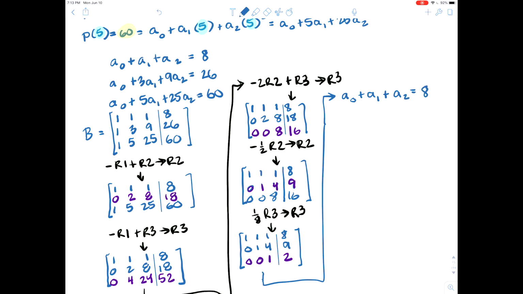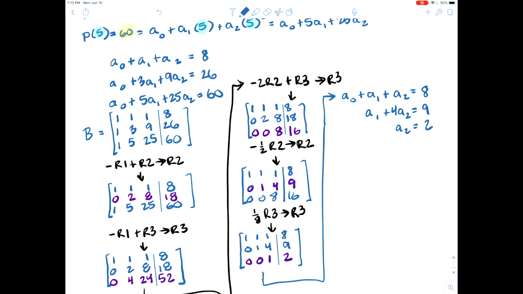The second one, the first part zeroes out, and we'll have 1A1 plus 4A2 is equal to 9. And then our last row will be that A2 is equal to 2.